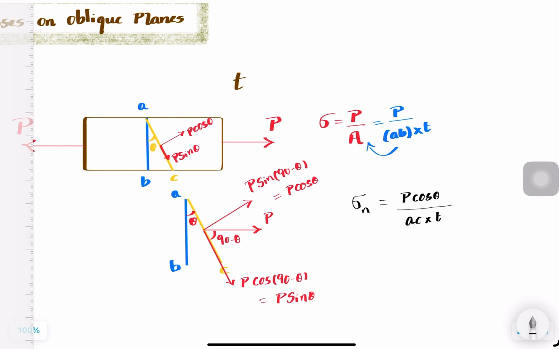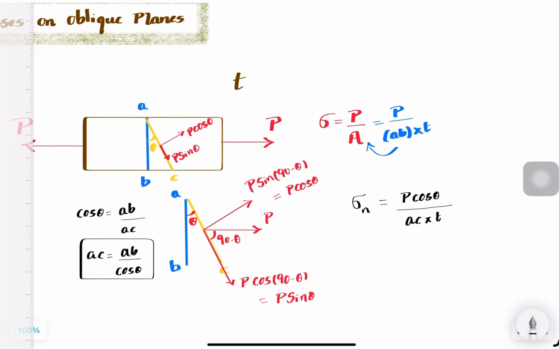Let us define cos theta, which is the adjacent side AB, it's a right-angled triangle, divided by the hypotenuse side, which is AC. So that should give me the value of AC. AC should be equal to AB divided by cos theta, okay?